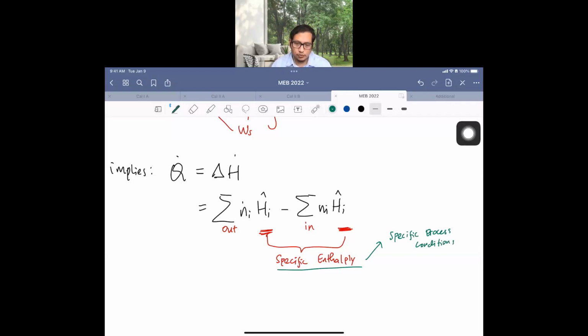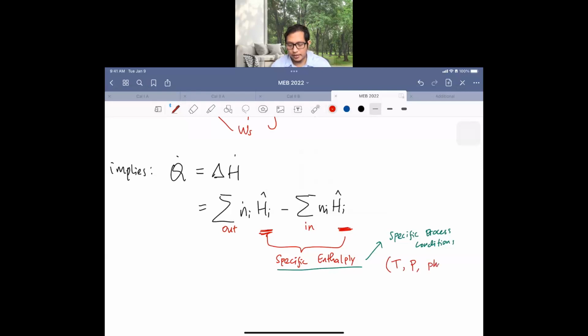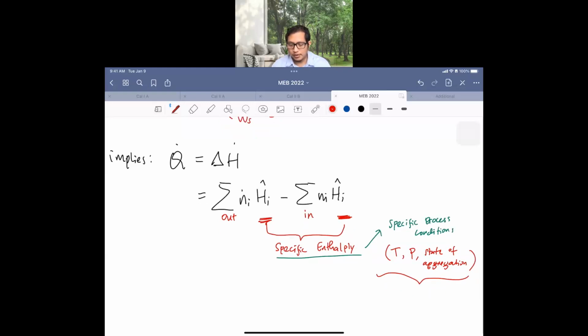Specific process conditions, which are usually described in temperature, pressure, phase, or state of aggregation. And they have a comparable situation with their reference.